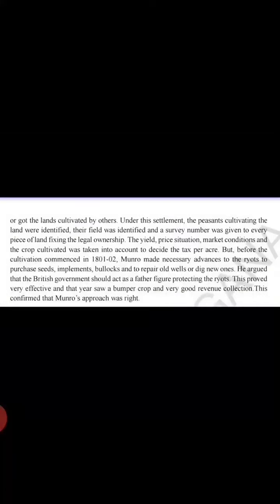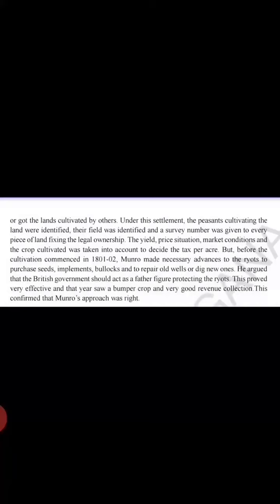After this settlement, the peasant cultivating the land was identified, the field was identified, and a survey number was given to every piece of land, fixing the legal ownership. As I said before, children, Thomas Munro first maintained law and order, then did a survey.